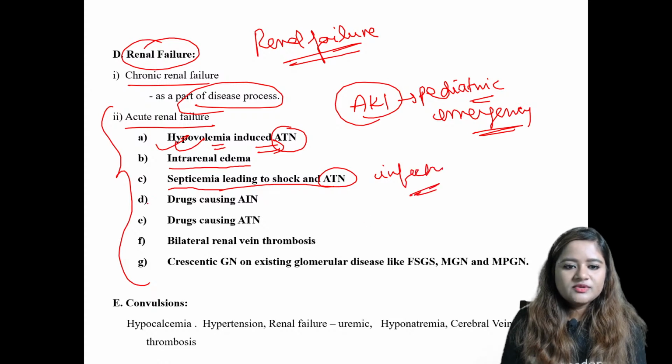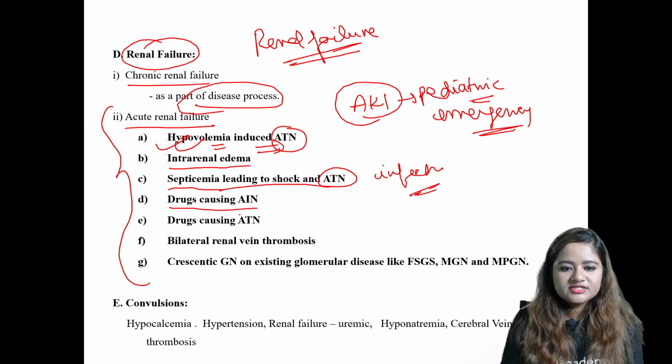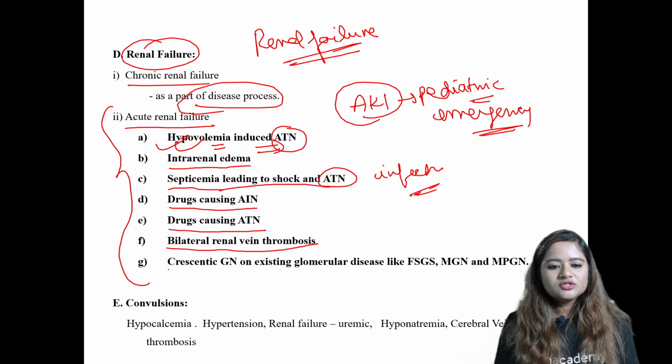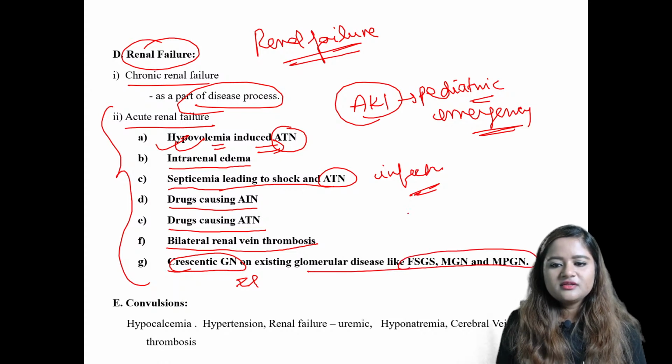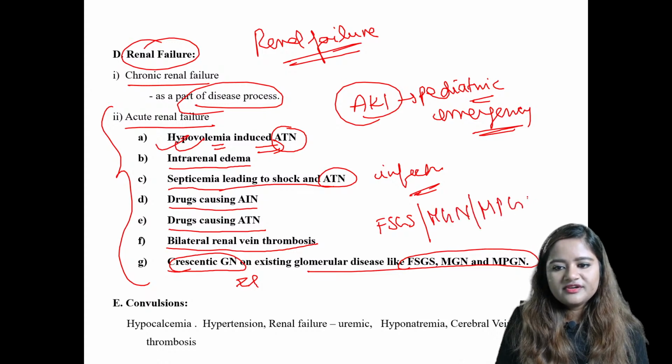Now, whatever drugs that we had read, which could be the causes of nephrotic, they can lead to acute interstitial necrosis. Drugs can also lead to acute tubular necrosis. The complication of hypercoagulable state can lead to thrombosis. And also, if you have crescentic glomerulonephritis, if there's damage in the structure, it can lead to the atypical presentations, which were FSGS, membranous, and your membranoproliferative.